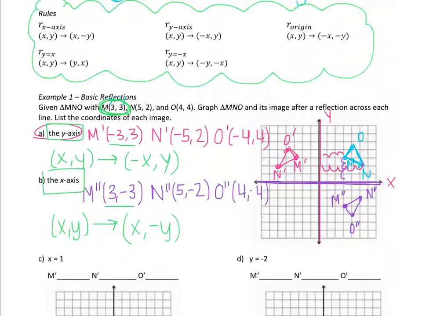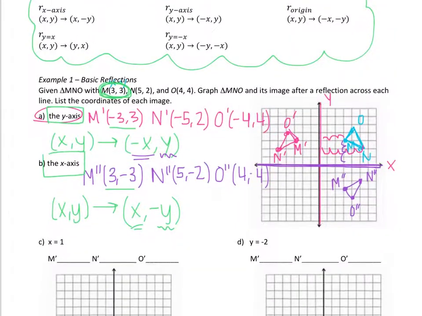And we could test that for the other points, such as N to N double prime and O to O double prime. But the rule, as we can see for reflection over the x-axis, is to keep the x and negate the y. If we look back at the rule for the y-axis, we keep the y, but negate the x. So you keep whatever you're reflecting over and you negate the other part.